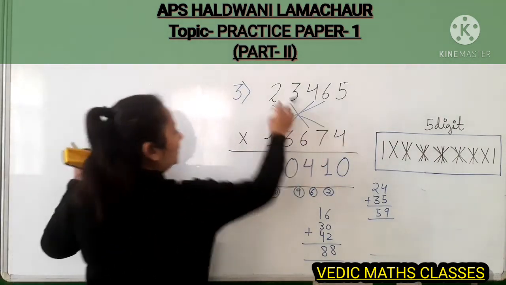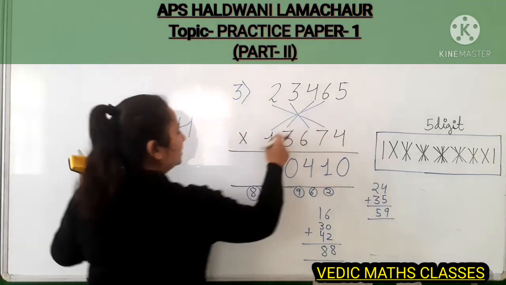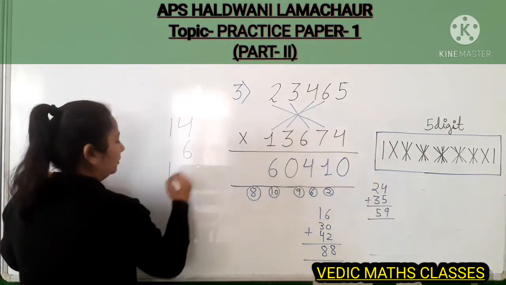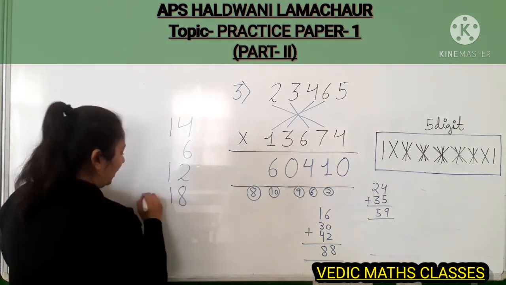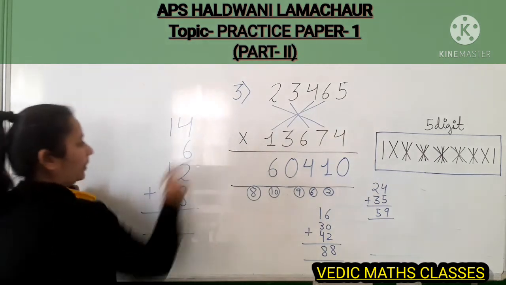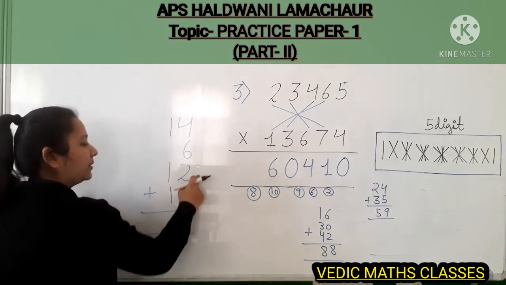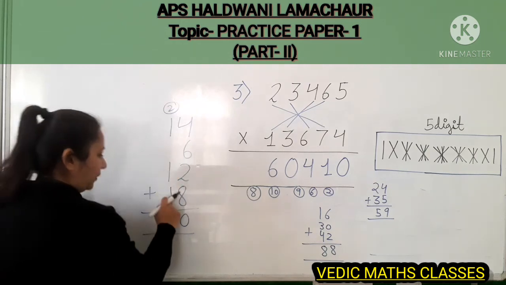Now 7 2s are 40. 6 1s are 6. 4 3s are 12. 6 3s are 18. Add them. See 6 plus 4 10, 10 plus 8 18, 18 plus 2 20, 0 here, 2 will go carry. 2 3 4 5, it's 50.